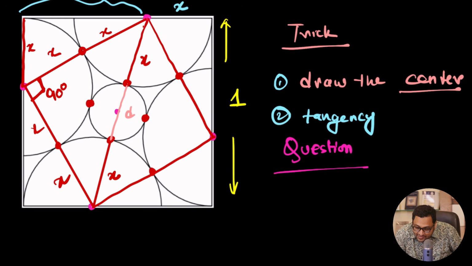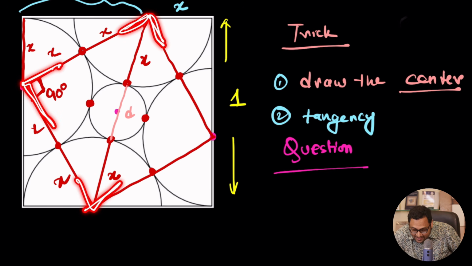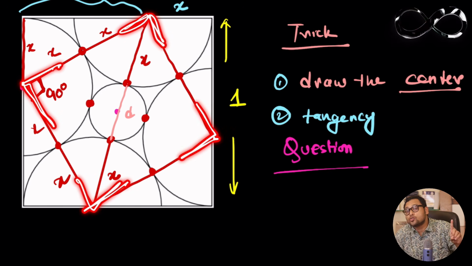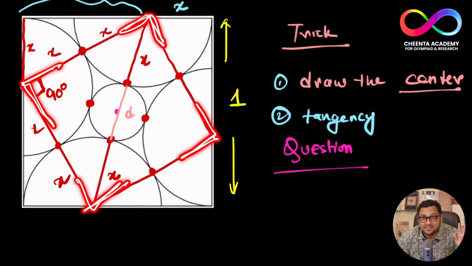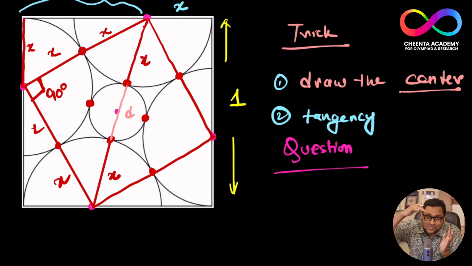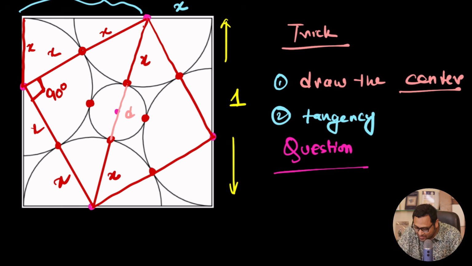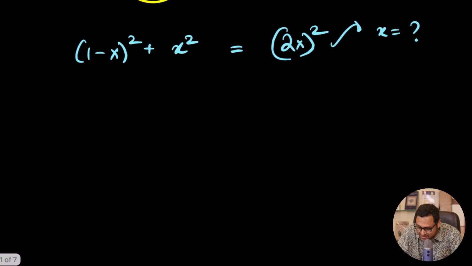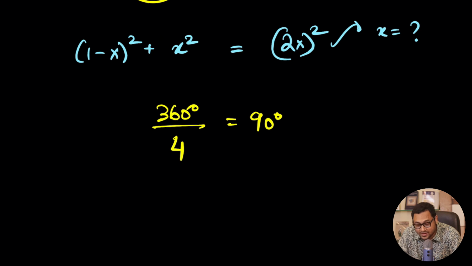Therefore, whatever this little angle is, this angle is the same, this angle is the same, this angle is the same. All the 4 corner angles are the same by this rotational symmetry. Therefore, the total angle is 360 degrees. So one of them is 360 by 4, which is 90 degrees. And we have proven that this is a square just by using symmetry.